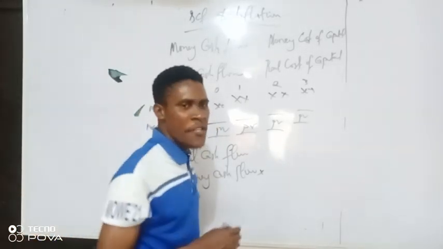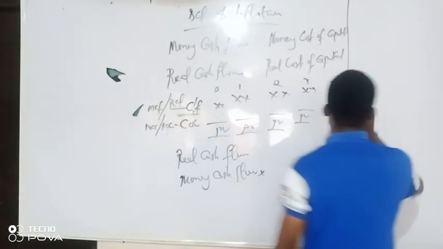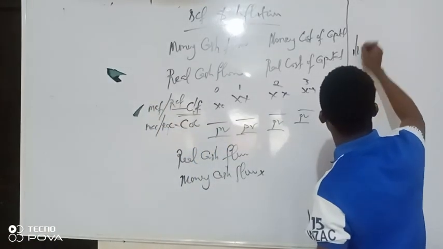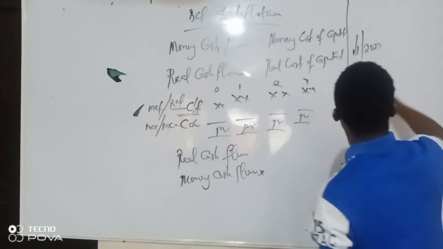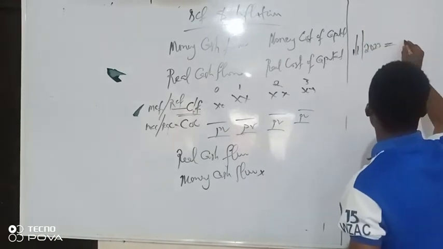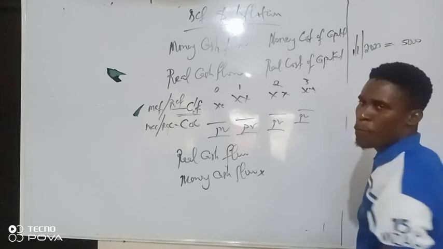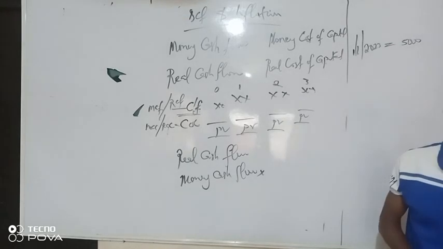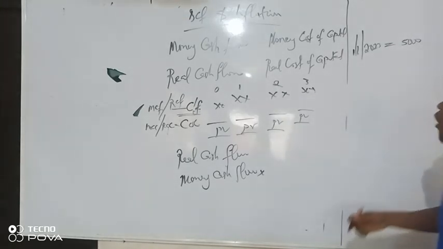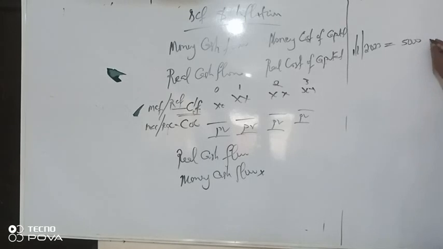Let me show you a scenario now. If today is 1/1/2023, and you have a particular cash flow that is 5,000, and they said the inflation rate for the next 1 year will be 5%.